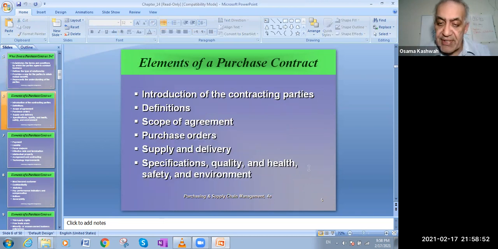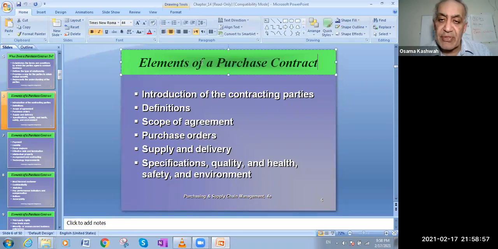On page 6, elements of purchase contract. This is a very important question as well. What are the elements of a purchase contract?